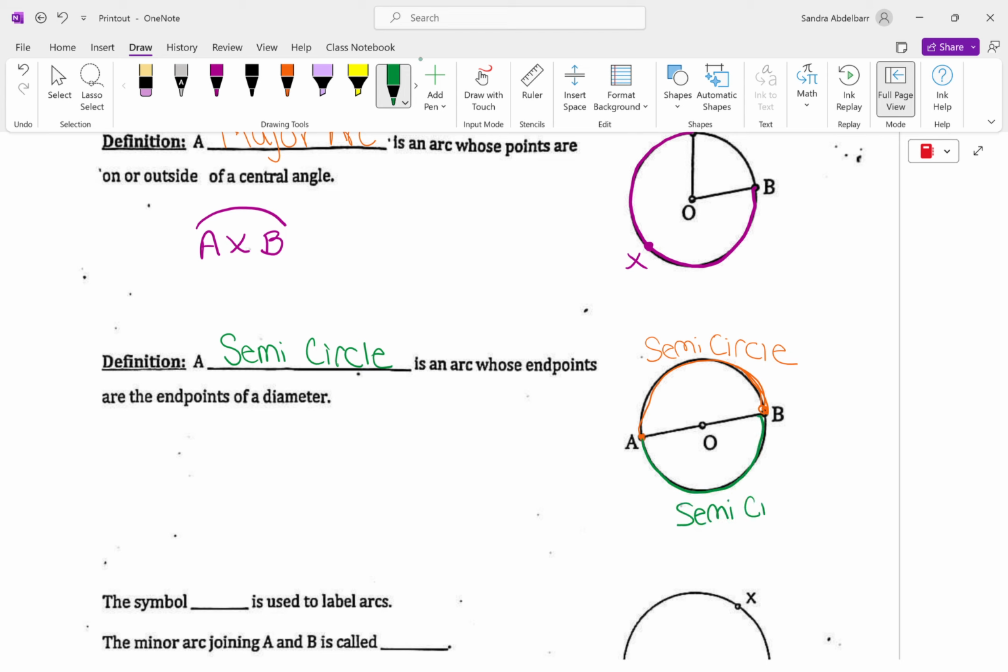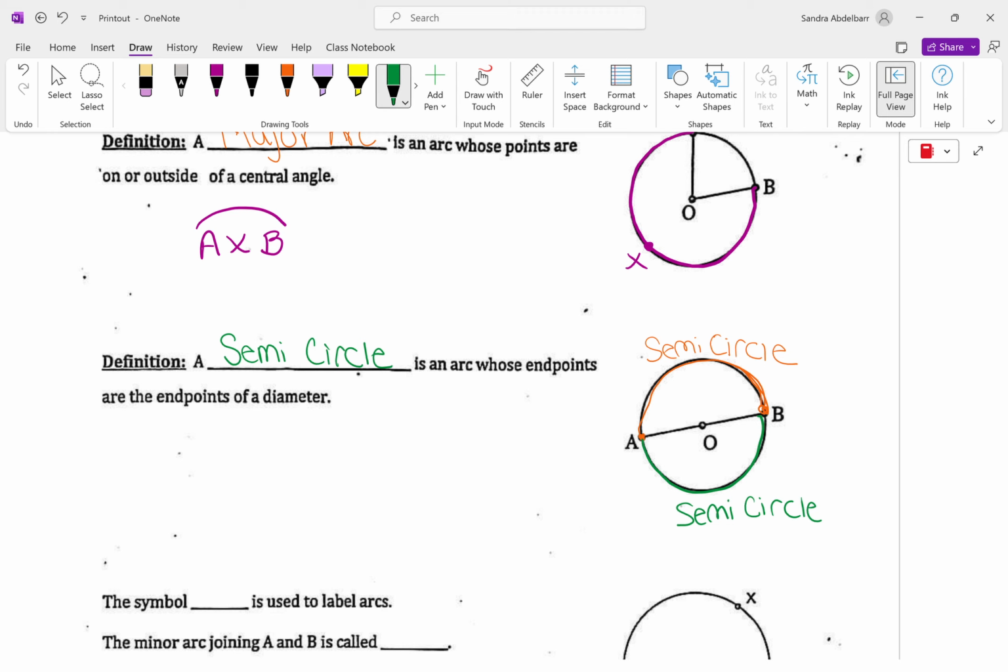Any guesses on how many degrees a semicircle is? And why? I'm sorry? 180. How did you know that? Exactly. If you guys remember, a full circle is 360. So a semicircle, a half circle, has to be 180 degrees. Now, a semicircle can be written as a minor or major arc.